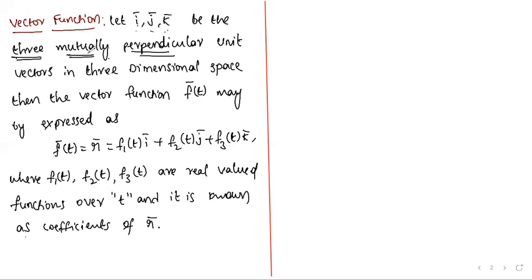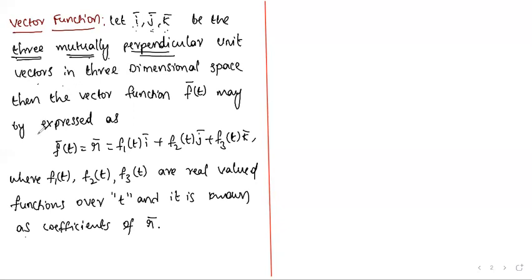Unit vectors means the modulus of i bar, j bar, k bar is 1 each. That is the unit vector in three-dimensional space: i is parallel to the x axis, j is parallel to the y axis, and k is parallel to the z axis.